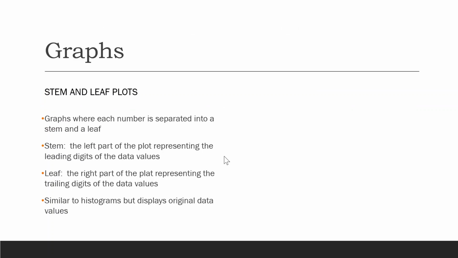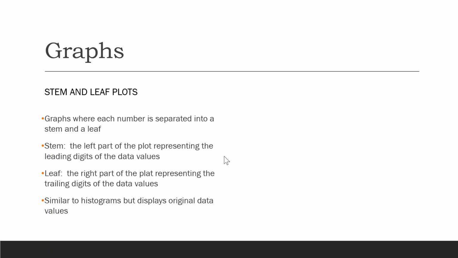So with stem and leaf plots, all of the values in our graphs are separated into a stem and a leaf. The stem includes the left part of the plot, and it represents the leading digits of the data values. And the leaves are the right part of the plot, and they represent the trailing digits of the data values.